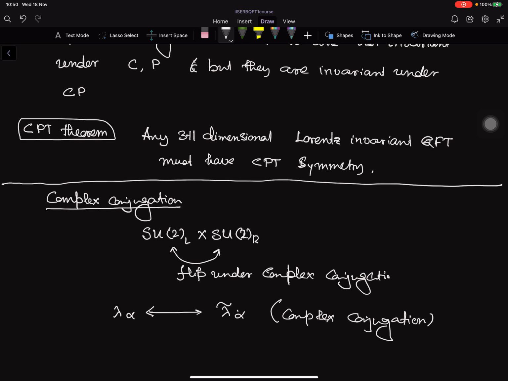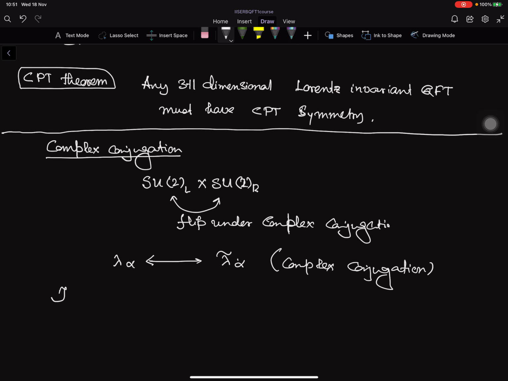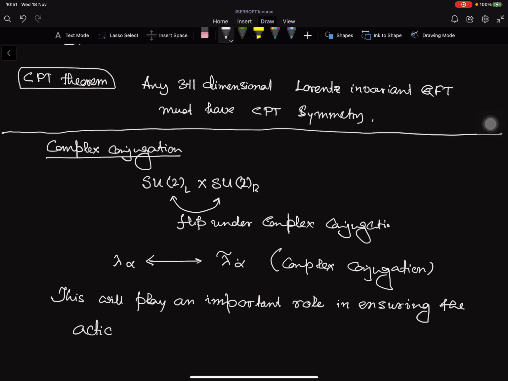And in order to get that property, this complex conjugation property will play an important role in ensuring the action is real. Okay, so these are the complex conjugation properties.